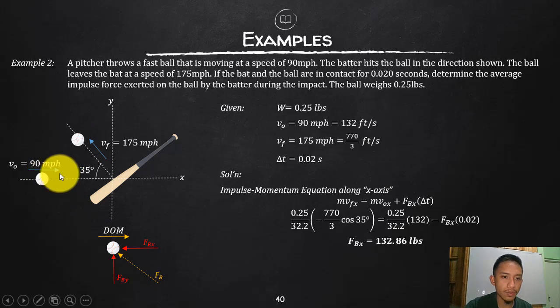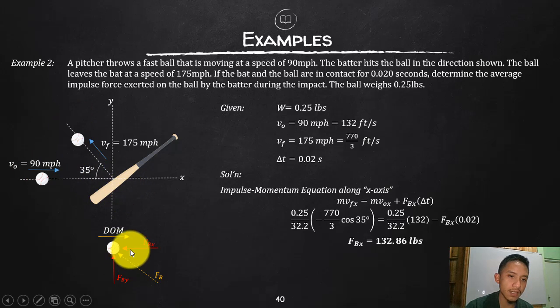It is not perfectly horizontal, so we need to consider the components of forces. Looking at the external force acting on the ball, that is just the force applied by the bat. The force applied by the bat is going that way so that the ball will go in that direction.